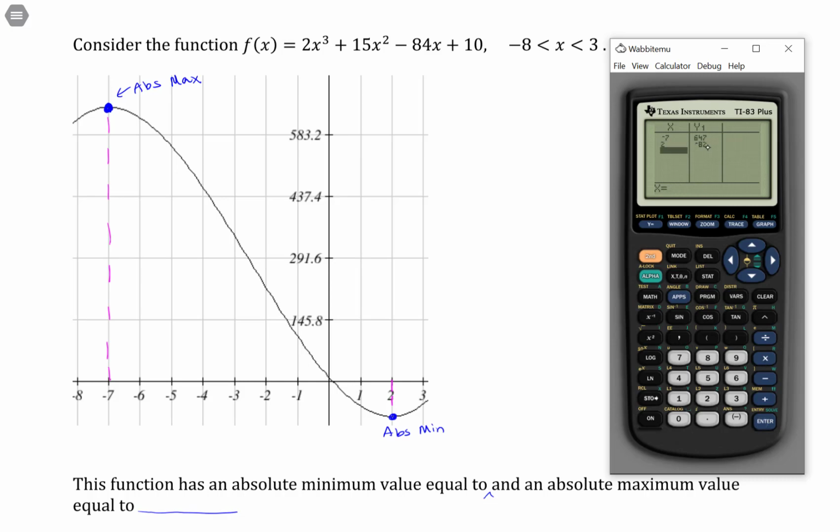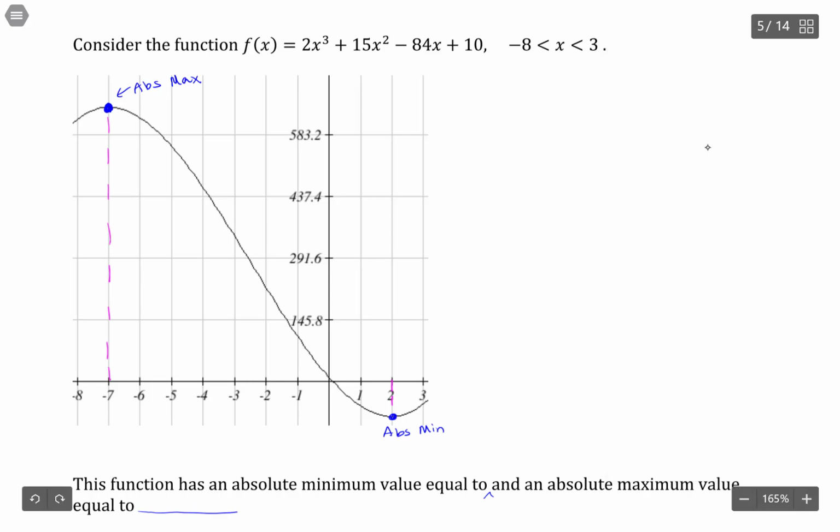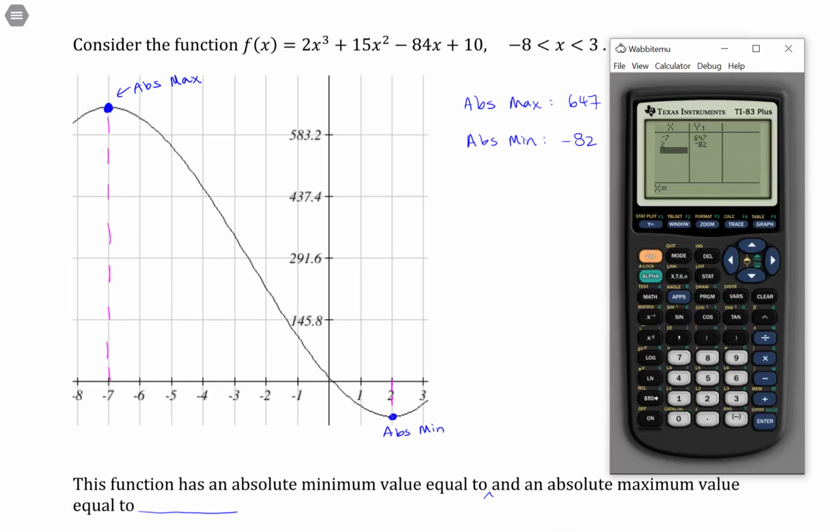So 647 and -82. So our absolute maximum is the value 647, and the absolute minimum is the value, what did I say, -82, I think. Double check that. Yeah.